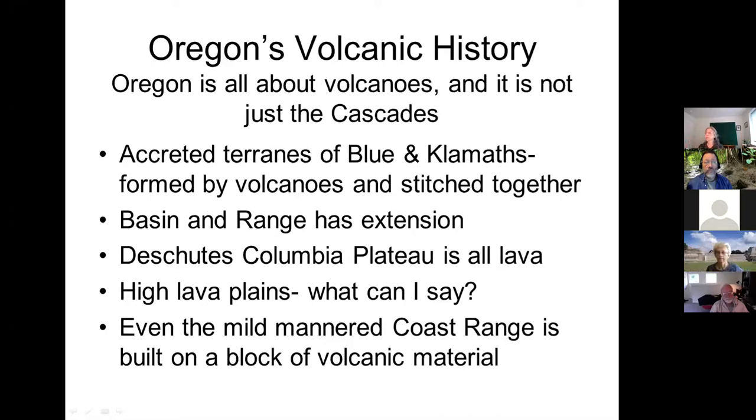Then we have the Deschutes Columbia Plateau, which is solid lava, these gigantic cracks that opened up in the ground along the Oregon-Idaho border that just poured out lava over this whole region of the West Coast. And then even the mild-mannered High Lava Plains, what can I say? I mean, that's obviously lava. We've got lava after lava of different types and different kinds of volcanism going on. Even the mild-mannered Coast Range, which really is not volcanic at all, is built on a solid block of volcanic material.